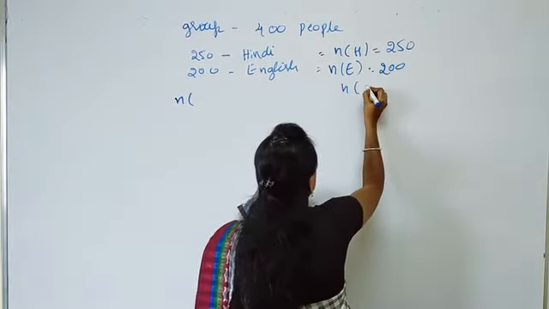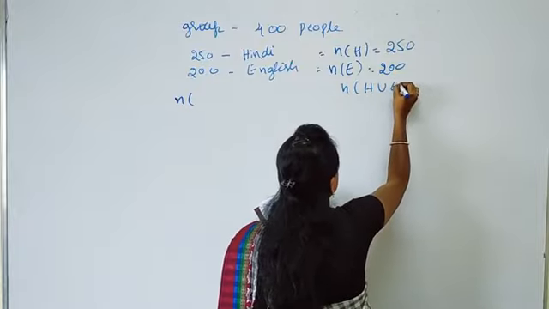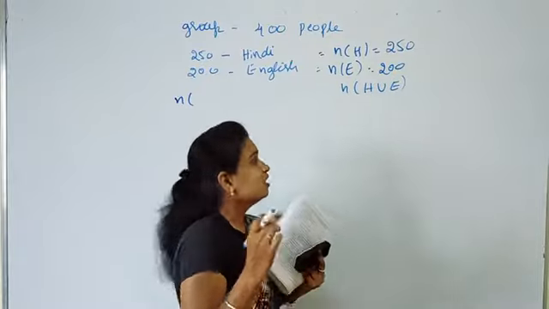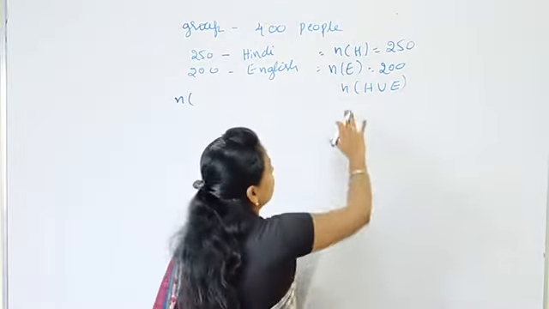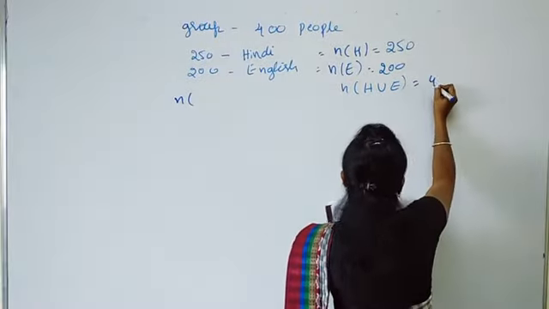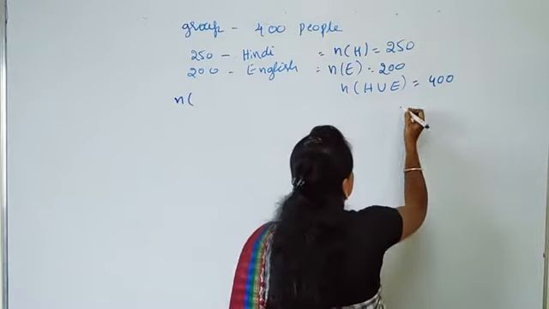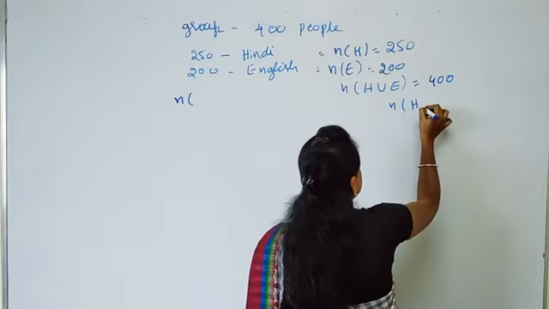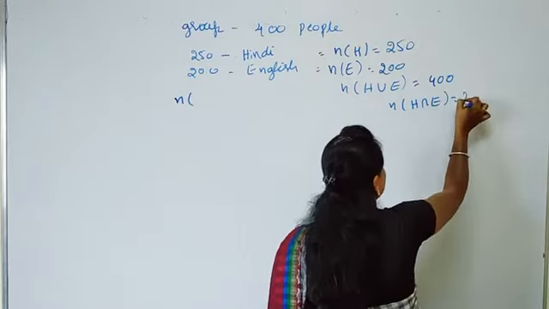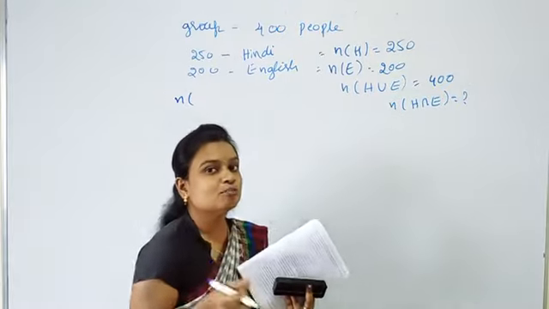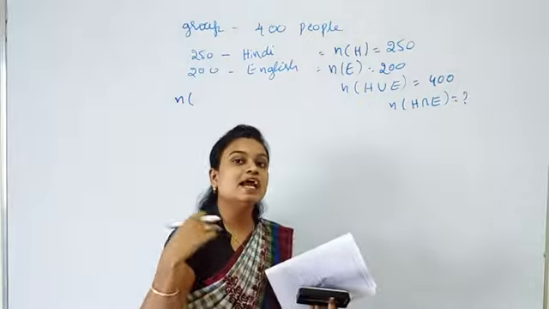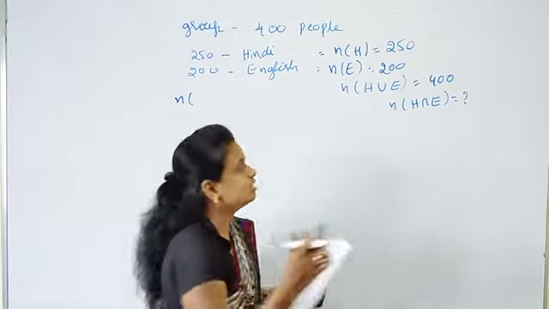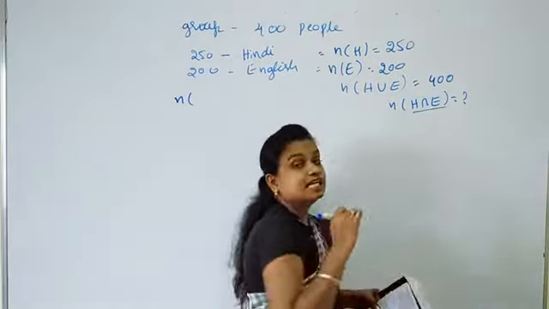And n of H union E, total number of people, is equal to 400. We have to find n of H intersection E, because we have to find the number of people who can speak both Hindi and English.